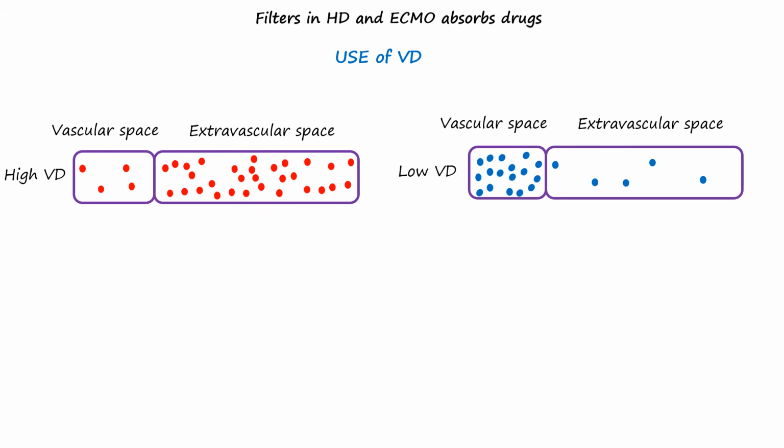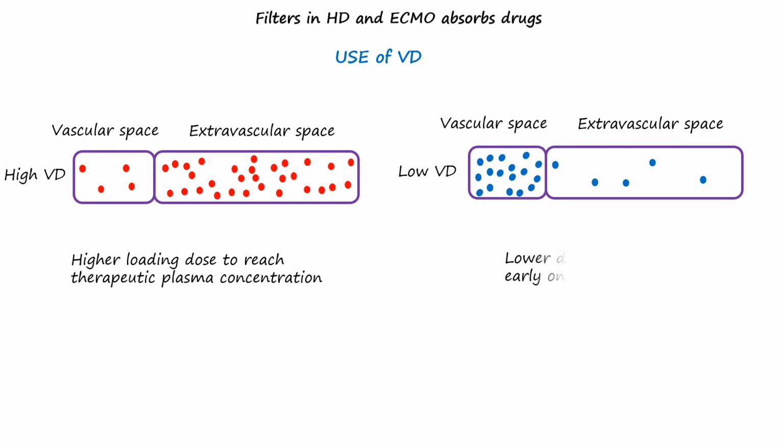This can lead to a lower concentration of drug in the blood, potentially requiring higher or more frequent dosing to maintain therapeutic levels. Conversely, if a drug has a lower volume of distribution, it means that the drug is largely confined to the plasma, resulting in a higher plasma concentration, which may require a reduced dose to avoid toxicity.